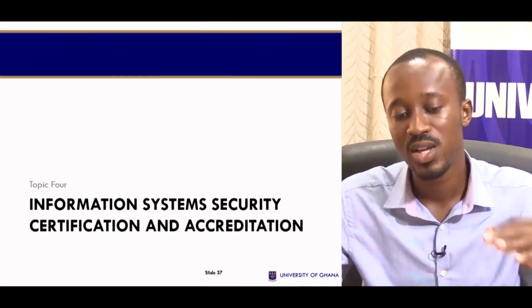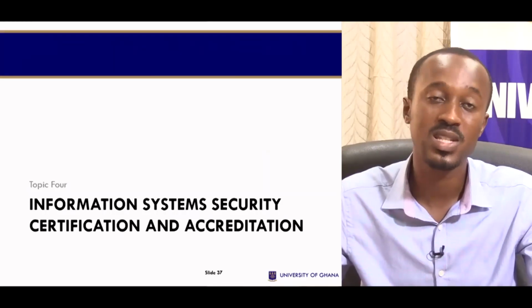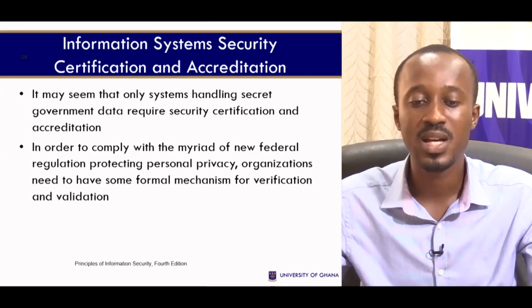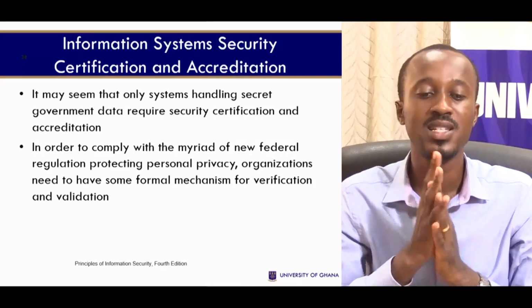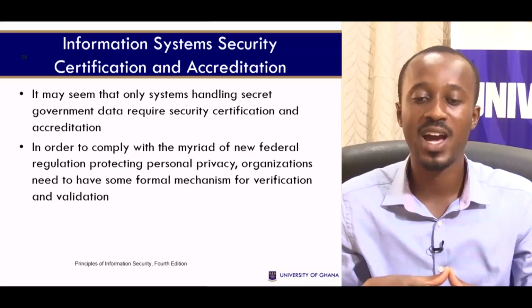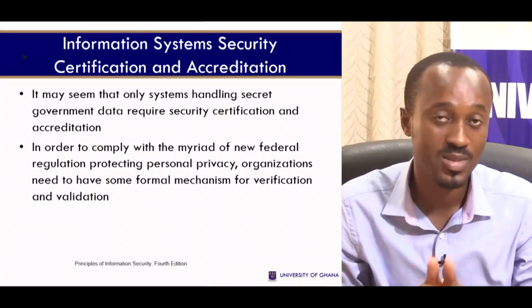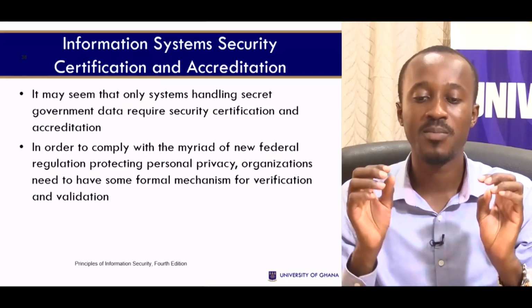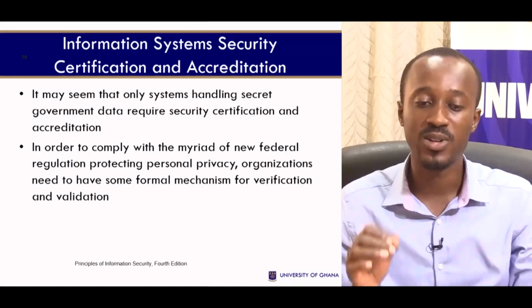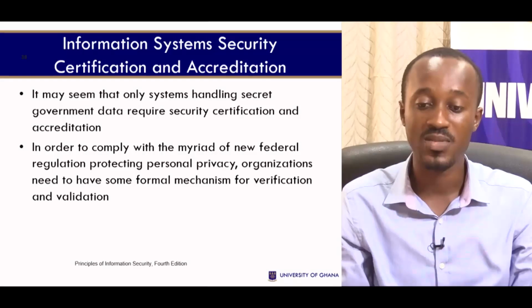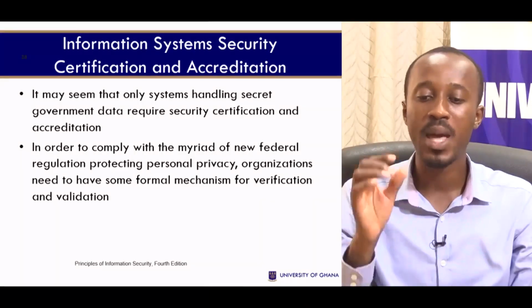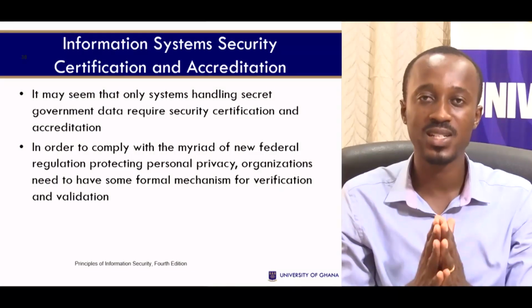We'll look now at information system security certification and accreditation. It may seem that only systems handling secret government data require security certification and accreditation. This is not so. In order to comply with the myriad of new federal regulations protecting personal privacy, organizations need to have some formal mechanism for verification and validation.